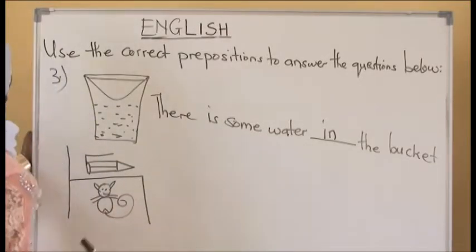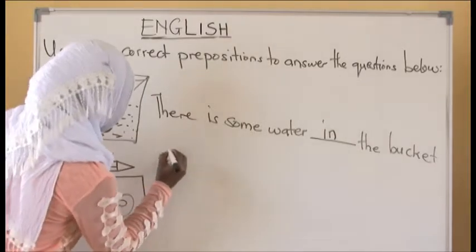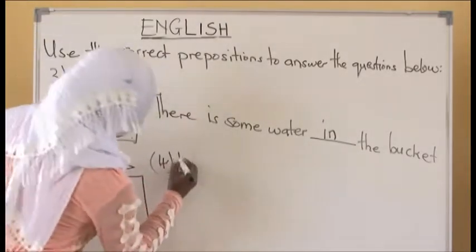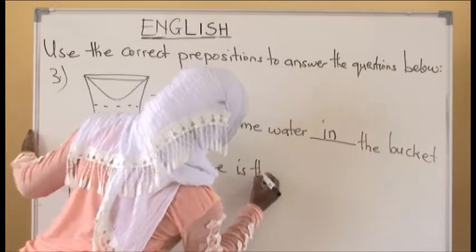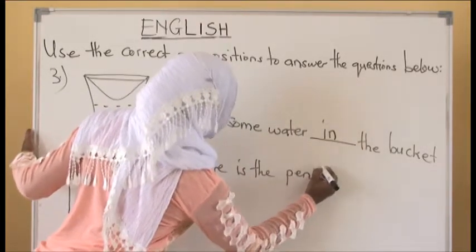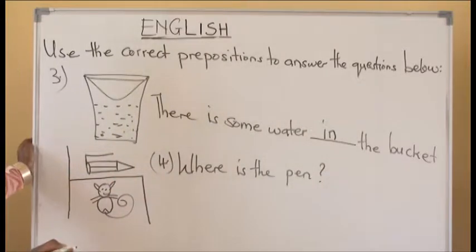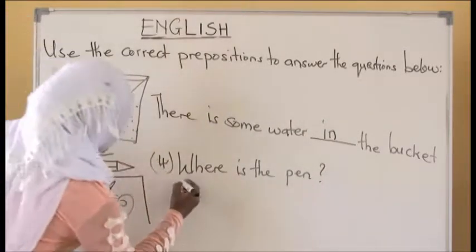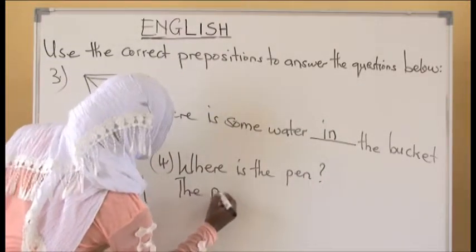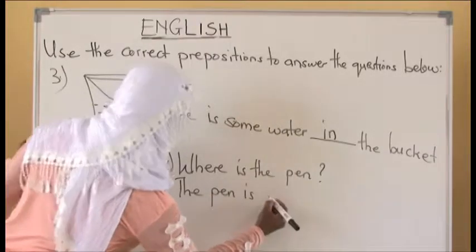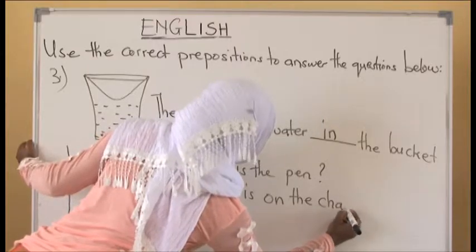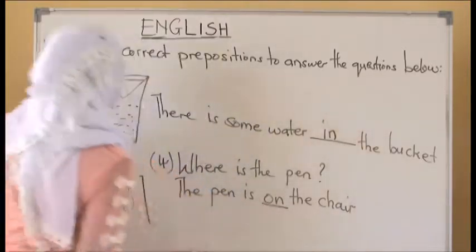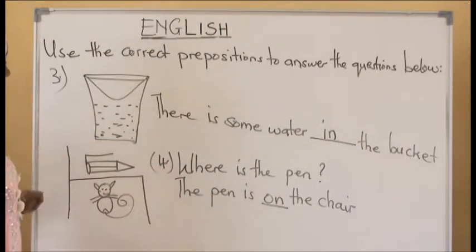Question number 4 was asking, where is the pen? We are supposed to answer like this. The pen is on the chair.